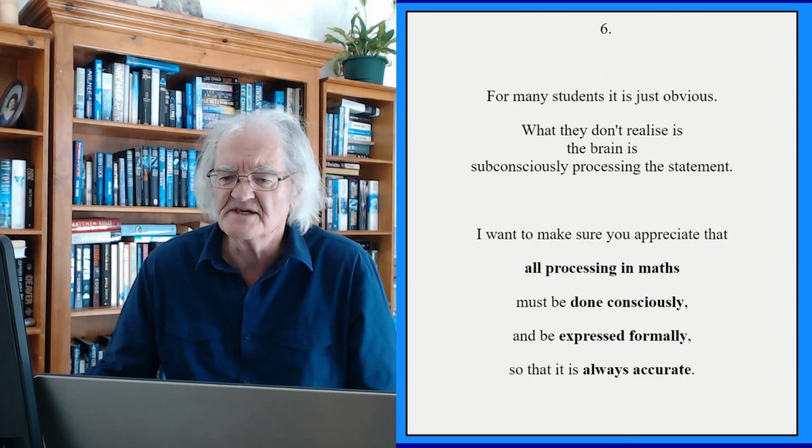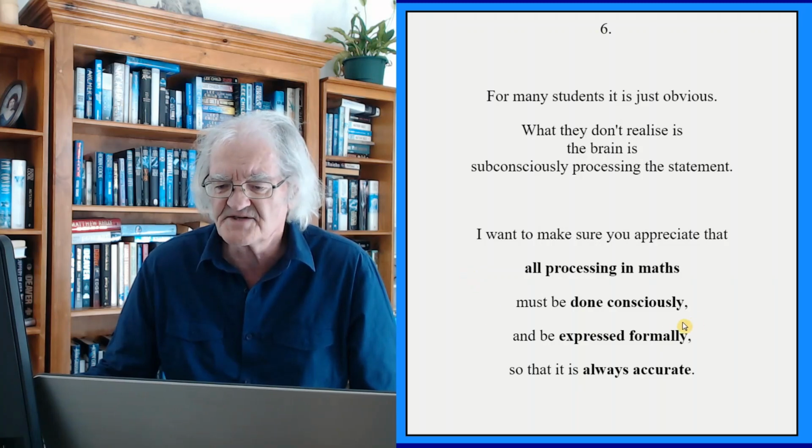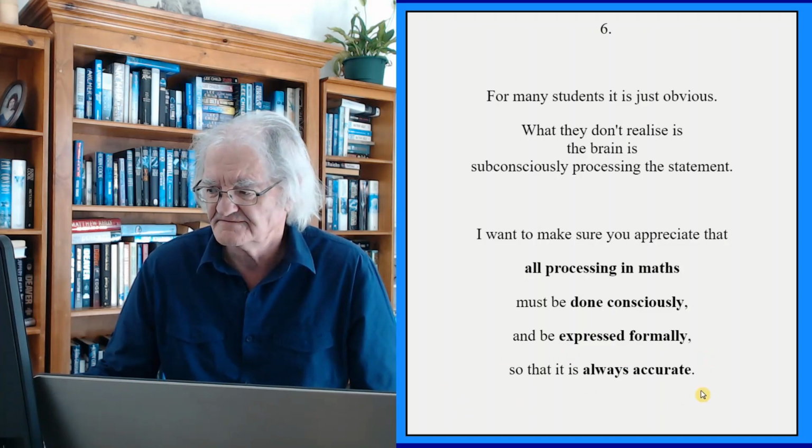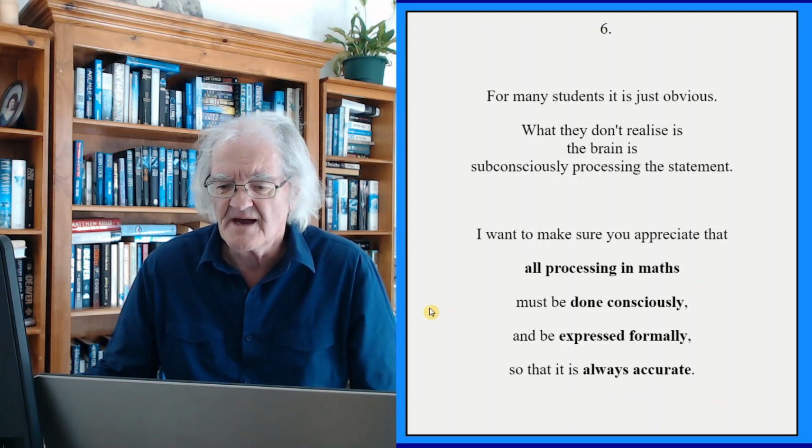What they don't realise is the brain is subconsciously processing the statement. Now I want to make sure you appreciate that all processing in maths must be done consciously and expressed formally so that it is always accurate. That is important. Your processing must be done consciously.